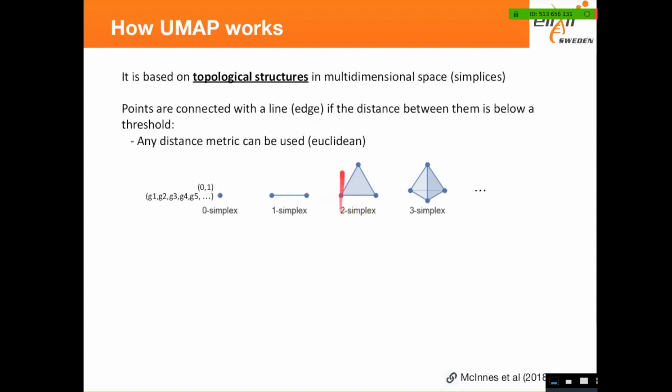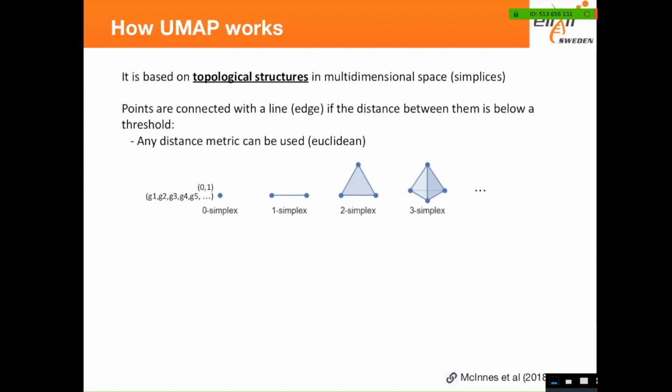If you have a 2-simplex, let's say 3 points that are very close to each other, these form a topological structure, I mean like a surface. So you have 1 point, 1 dimension, 2 dimensions, 3 dimensions, and then you can create structures, a ball, let's say, or a square, or in this case, a tetrahedron. And this tetrahedron represents those 4 samples in a multidimensional space.